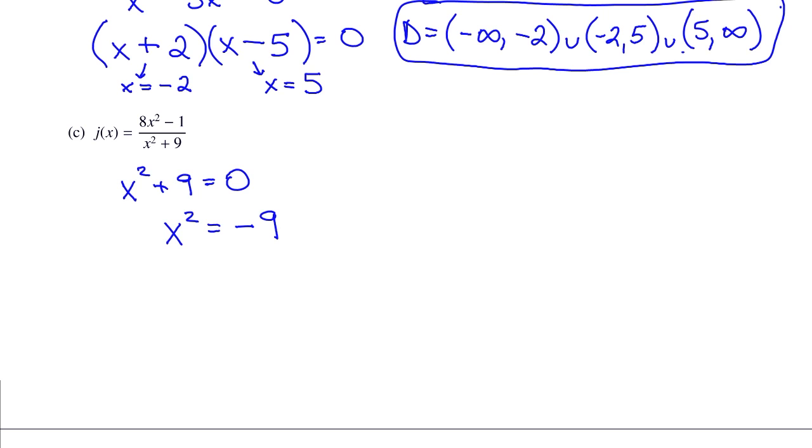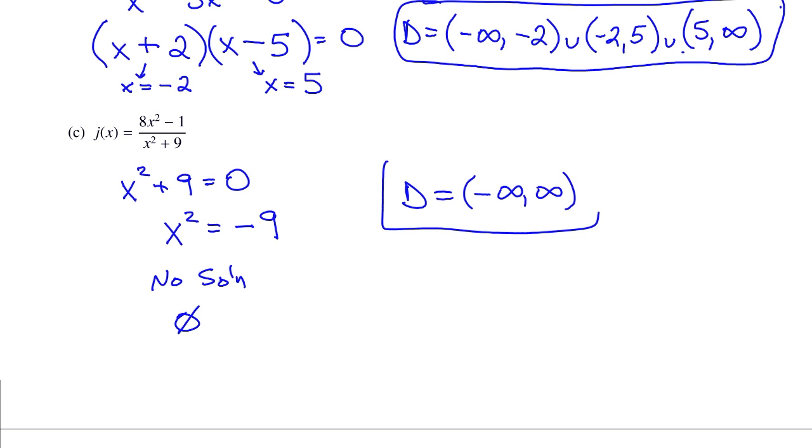You can't square a real number and get a negative answer. You could only do that with the i's and the complex numbers. We're only dealing with real numbers in this scenario, so this has no solution. Because it has no solution, that means there are no bad points that have to be taken out of the domain, and so the domain is all real numbers. Negative infinity to infinity.